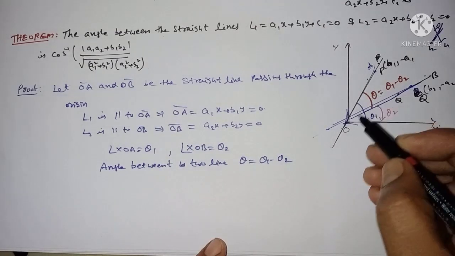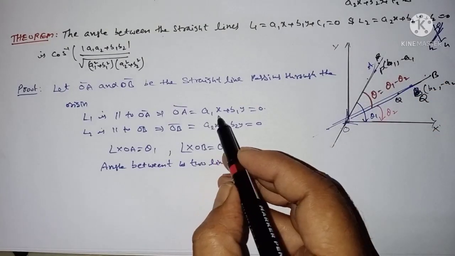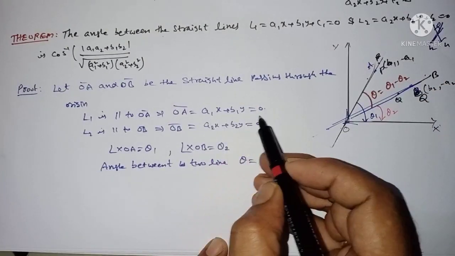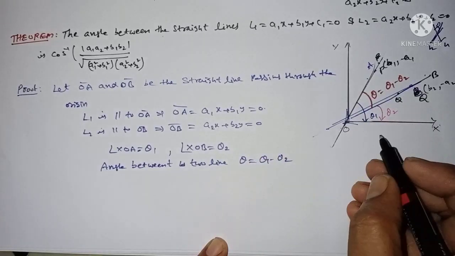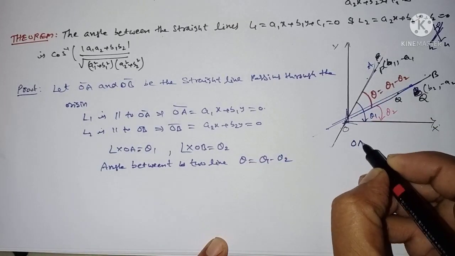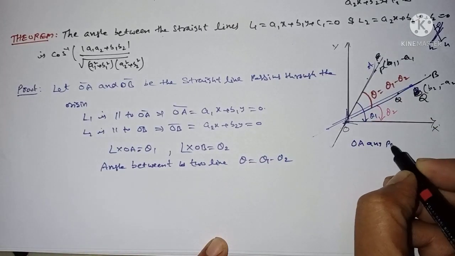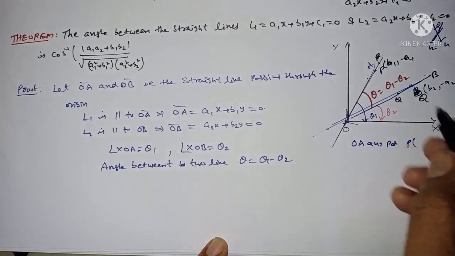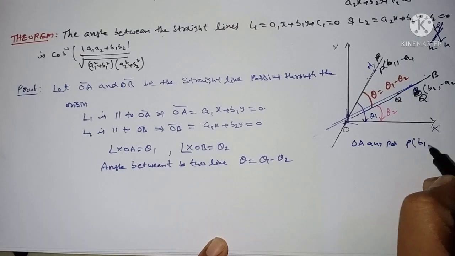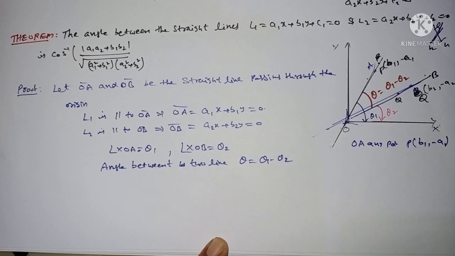Now you can take any point, ax plus by is equal to 0, you can solve these two equations. Therefore, in OA any point P, which one is that? It is b1 comma minus a1, you get. This satisfies equation number 1.